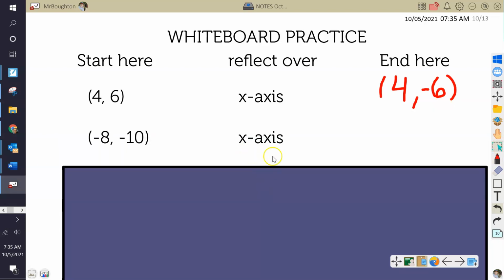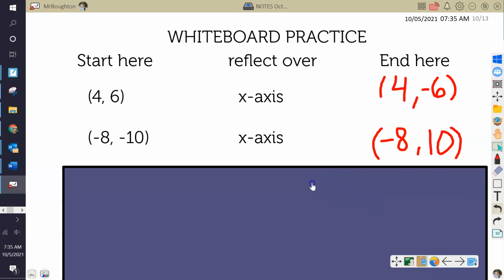Here's our next one. Here's our point. Reflect over the x. Go. And we're reflecting over the x. Okay, and we're reflecting over the x once again, so the x is the same, the y is the opposite.